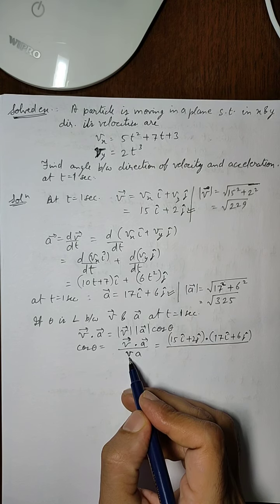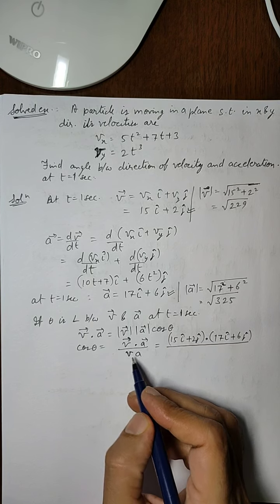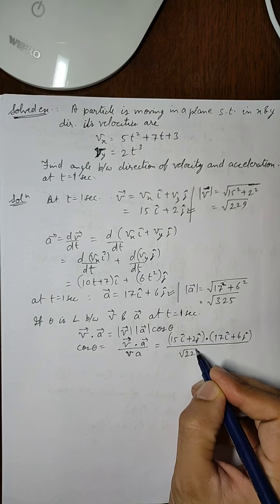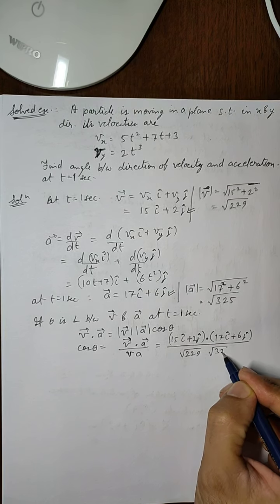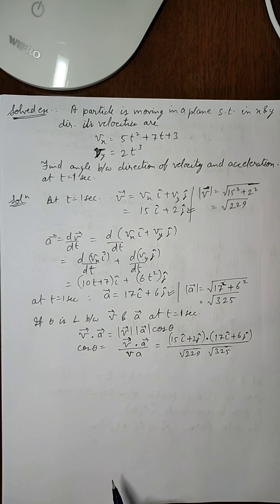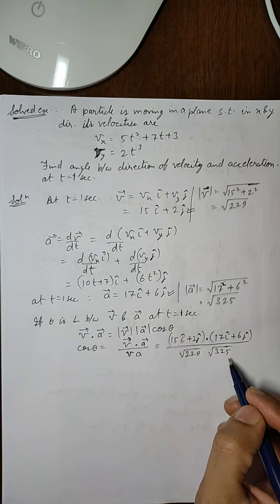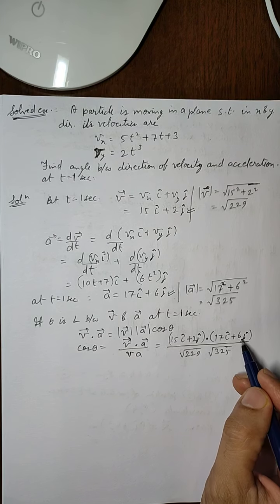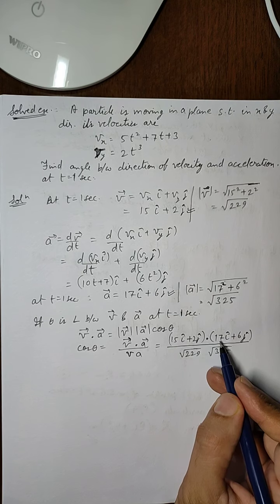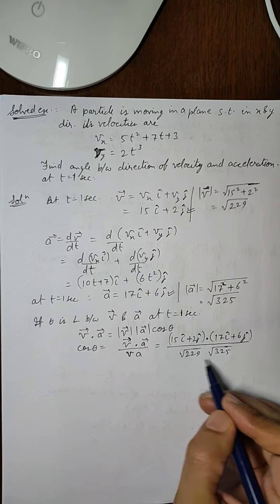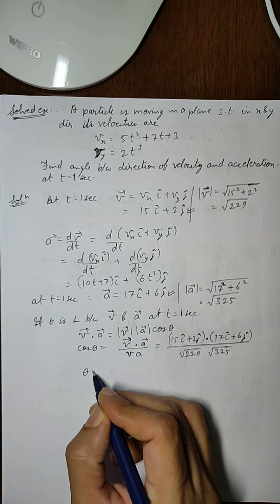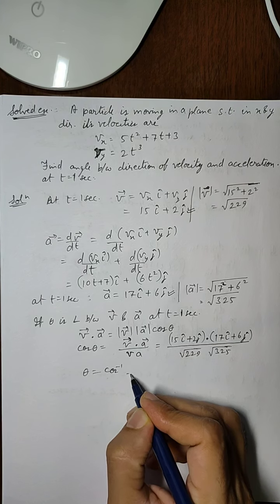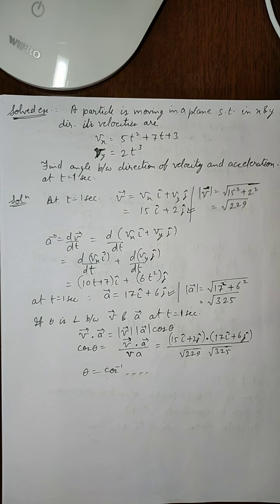In the denominator we have the multiplication of the magnitudes, so v is root of 229 and a is root of 325. Now you can solve this; I'll leave this part to you. It is a basic dot product you have already done. You will find theta equals cos inverse of whatever value comes here.